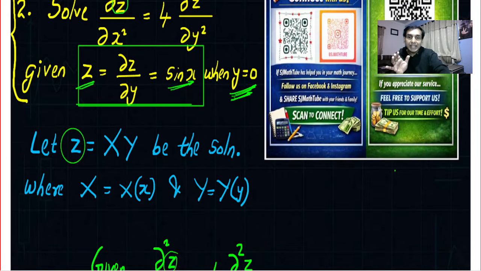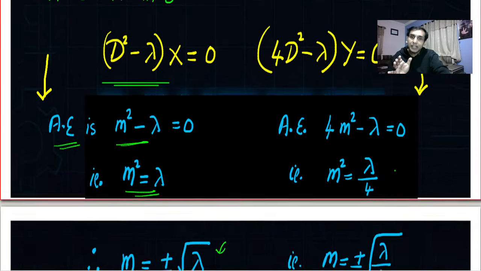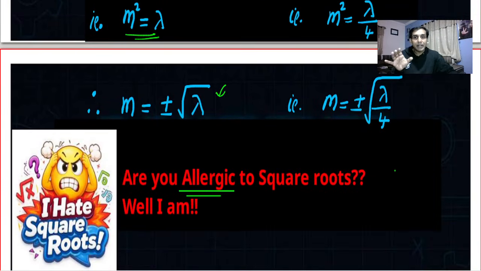And by looking at that condition, I'm 100% sure I want a trigonometric answer. And for that purpose, I'm going to put lambda equal to minus a square. Once more, if I want an exponential function, I will keep plus a square. If I want sine and cos, I will keep minus a square.